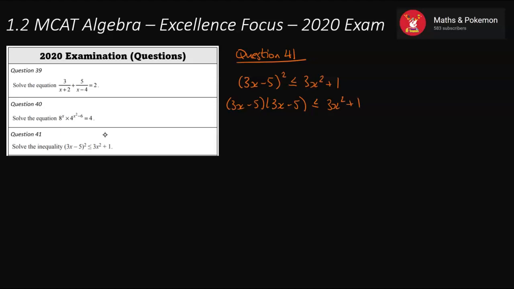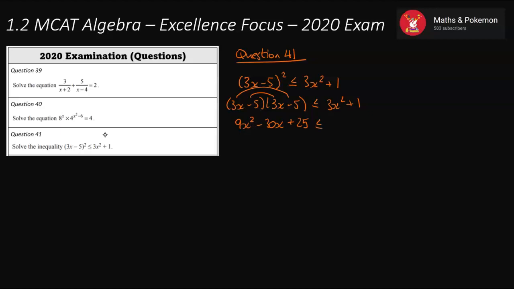Expanding the brackets, we're going to have 3x times 3x, that's going to be 9x squared. We're going to have negative 15x and another negative 15x from that expanding, which is going to give us negative 30x. And I'm then going to have plus 25.